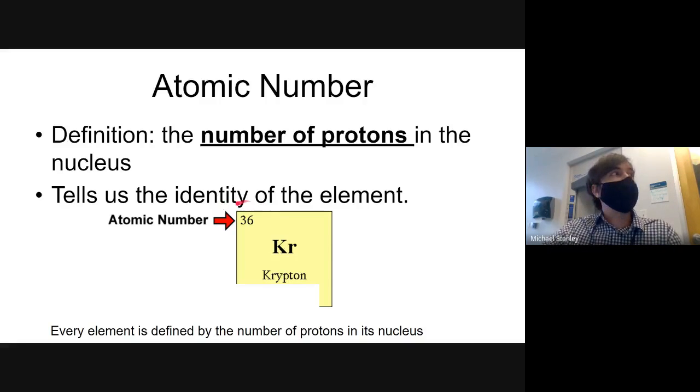Whatever our atomic number is, that is our proton number right there. So that's the first important thing to remember about these numbers: if you want to know the number of protons, you just look at the atomic number. That one, pretty simple and straightforward.